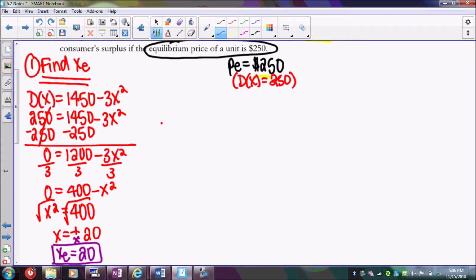That's what it's saying. Now that I have all three things, meaning I have x sub e, I know p sub e, and I know the function d of x, I can plug into my formula. So I'm going to write down the formula for the consumer surplus.